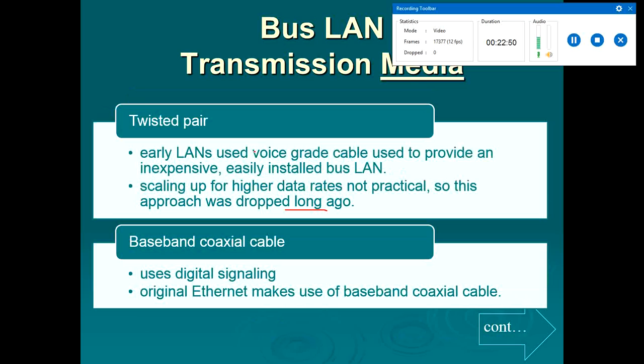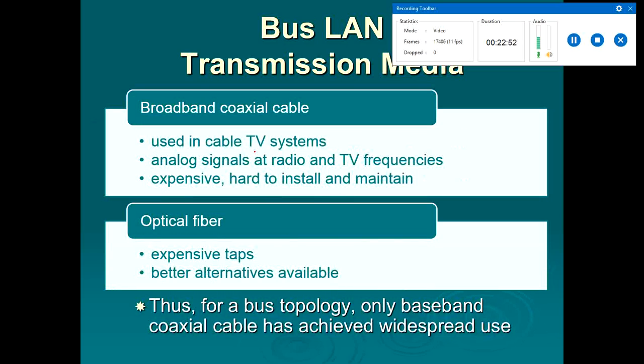Now we have the next two types. Broadband coaxial cable was used in television systems. Analog signaling is used at radio and television frequencies, and this type of system is more expensive and difficult to install, because coaxial cables are more difficult to install and maintain than baseband coaxial cable.